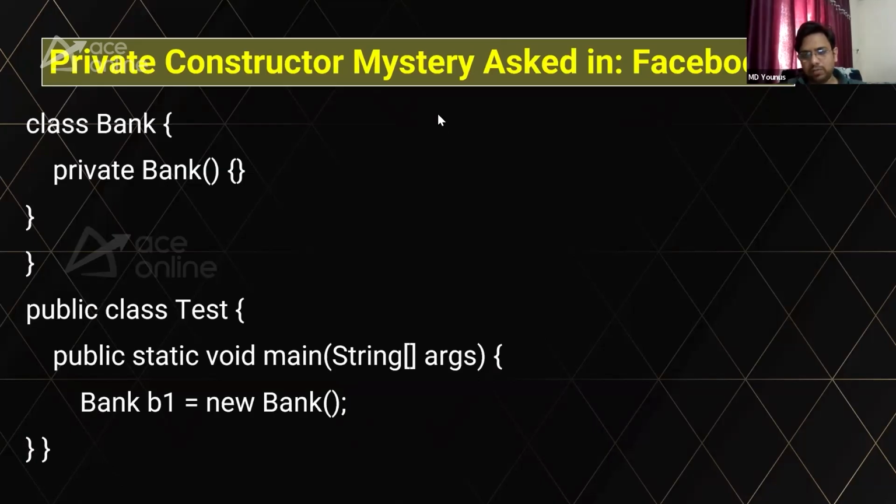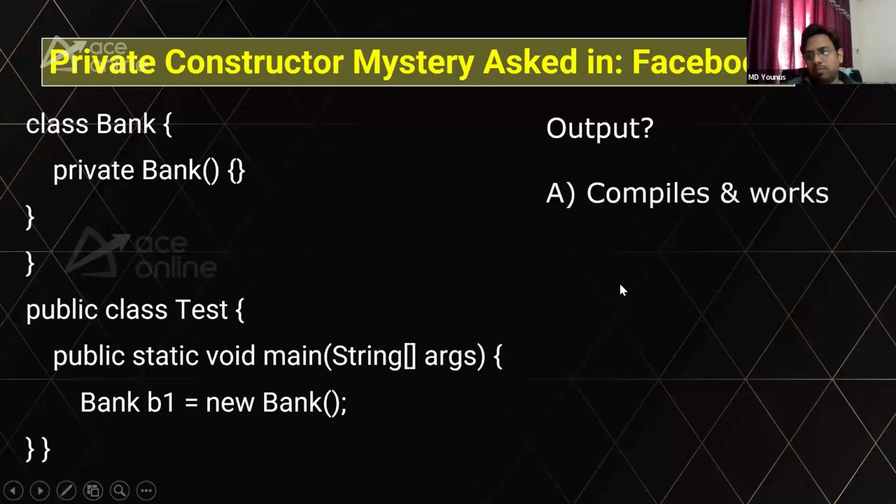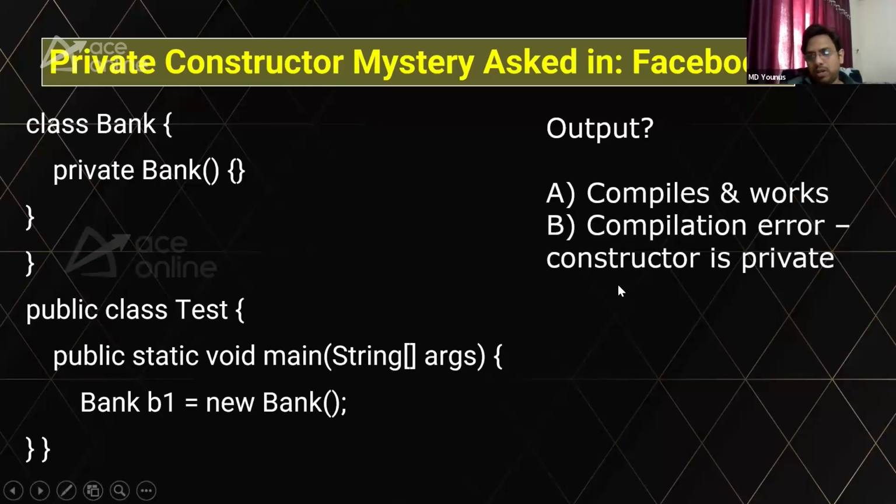Okay, I got the first answer. Nice. Which line and how many errors will we get? One error, at this seventh line. So the options are: compiles and works, compilation error, constructor is private.